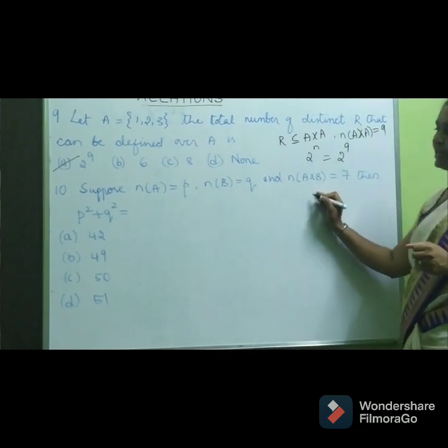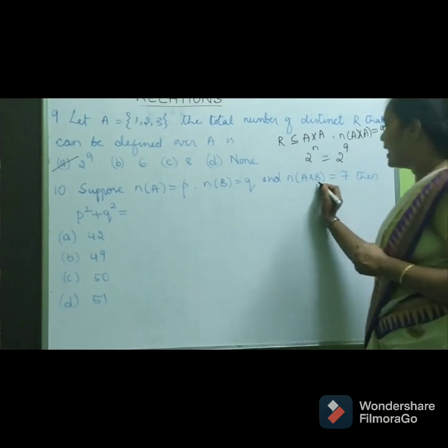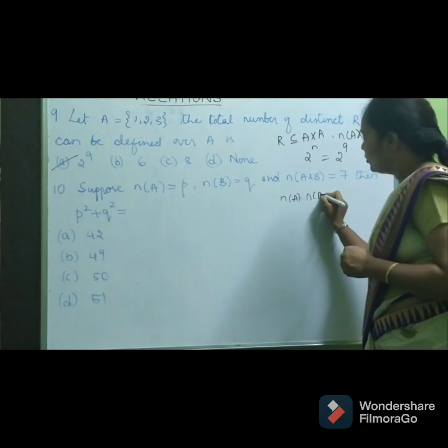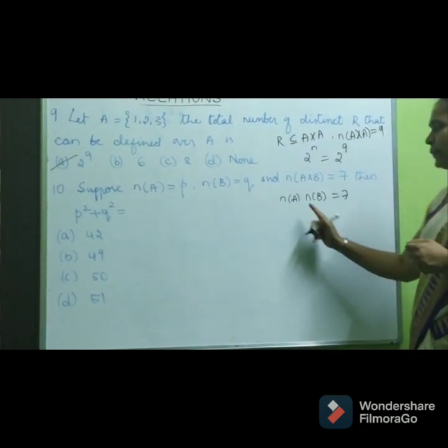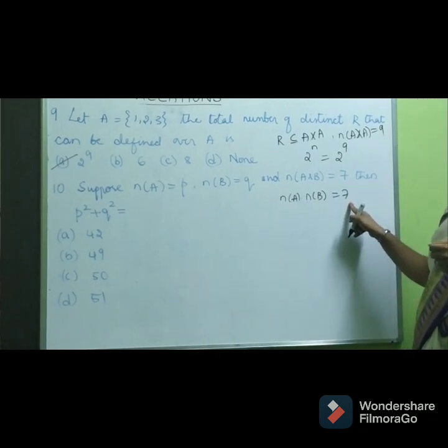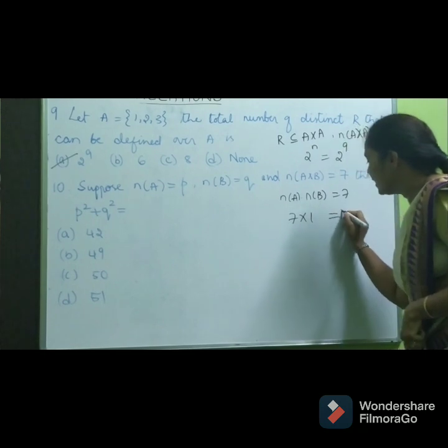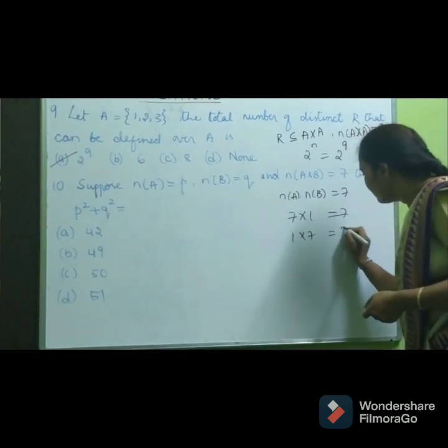We'll go here. They are telling n of A cross B is equal to 7. You know this. N of A cross B is nothing but n of A into n of B. This is equal to 7 they are telling. See, product of two things is 7 means only one possibility. 7 into 1 is equal to 7 or 1 into 7 is equal to 7.